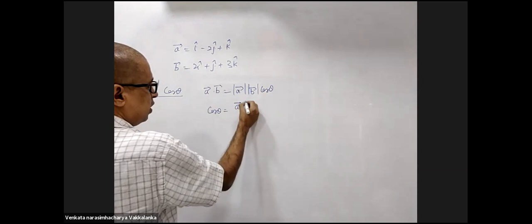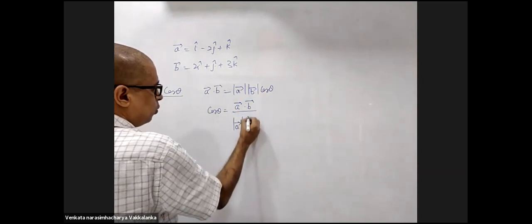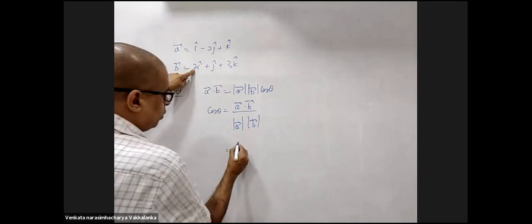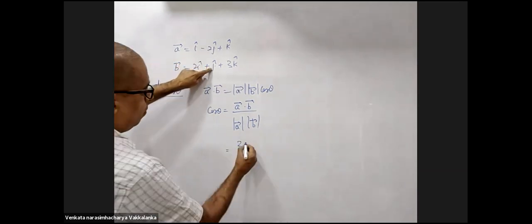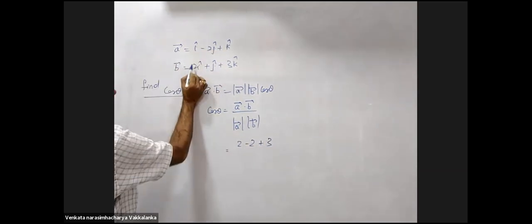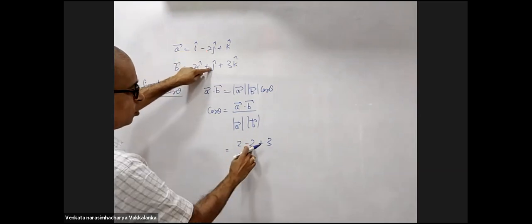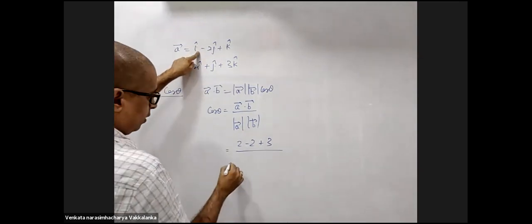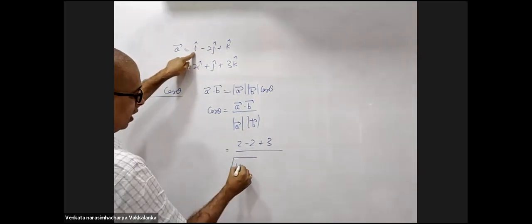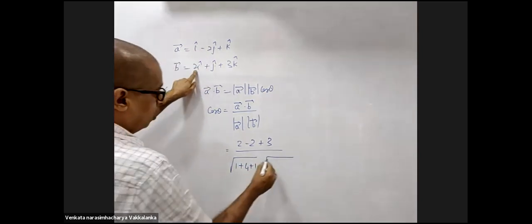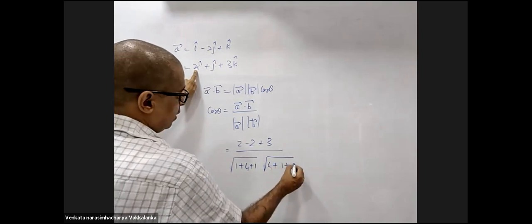So cos theta is A dot B by magnitude of A into magnitude of B. A dot B will be 1 into 2 is 2, minus 2 into 1 is minus 2, plus 1 into 3 is 3, so 3, divided by root over of 1 plus 4 plus 1, times root over of 4 plus 1 plus 9.